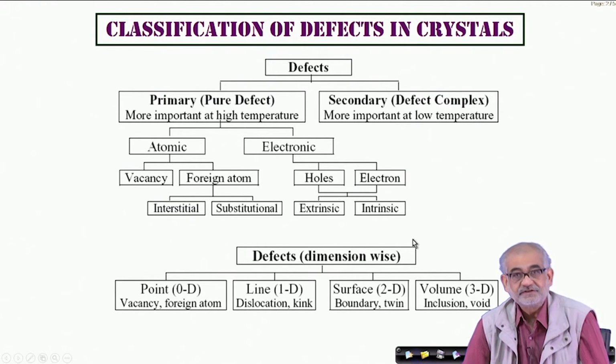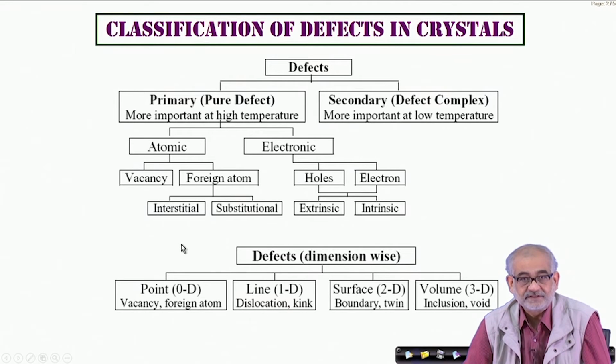But in a crystal which actually is not having any electrical character, or in other words, typically a metallic crystal, one can define the various types of defects typically in terms of dimension. And the four types of defects that we can talk about would be the point defects, which is 0 dimension.